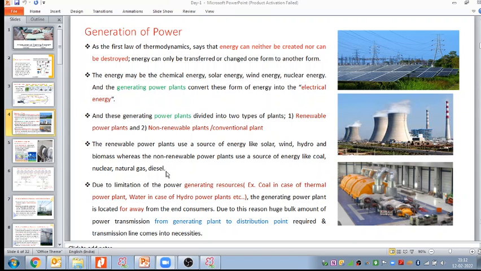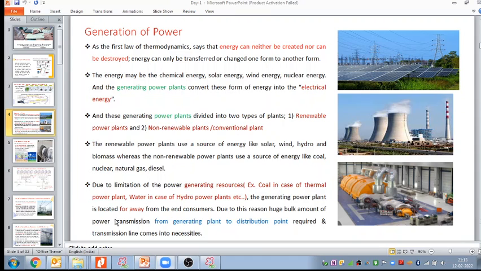So these are the non-renewable power plants. Due to the limitation of power generating resources, for example, if we are generating with the help of coal in a thermal power plant, or water in a hydropower plant, the generating power plant is located far away, and that is the point where transmission and distribution come into the picture.